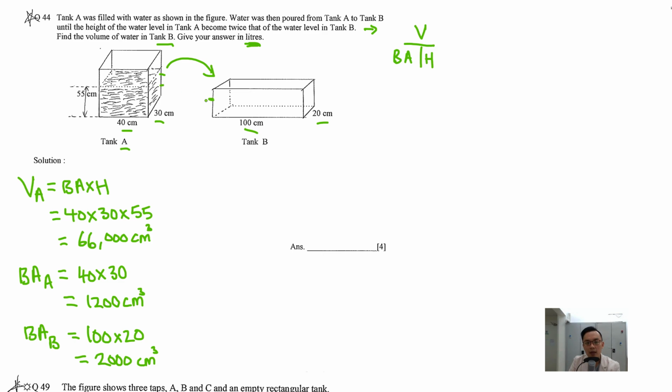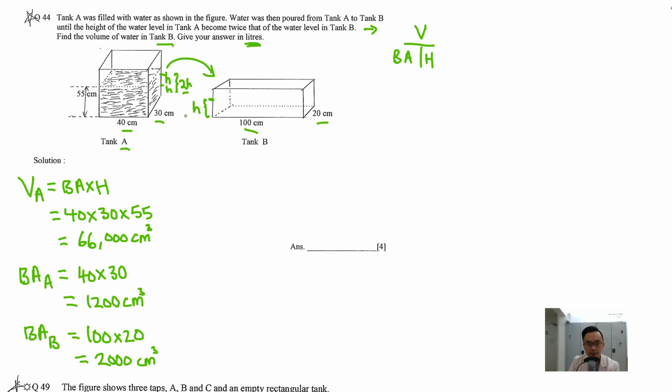So let this height be H, and therefore in tank A it will be H and H, which is known as 2H. Okay, so this is important. I will pour here until the height becomes H, and then over here at tank A the height will be H plus H, which is 2H. So if you don't understand this, please stop this video now and ask for my help, because this is important for you to realize.